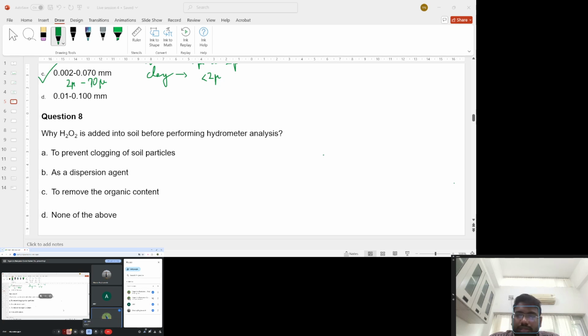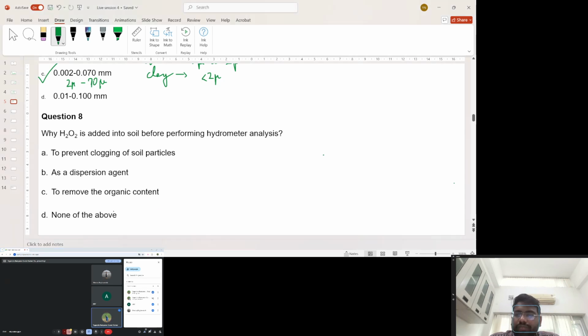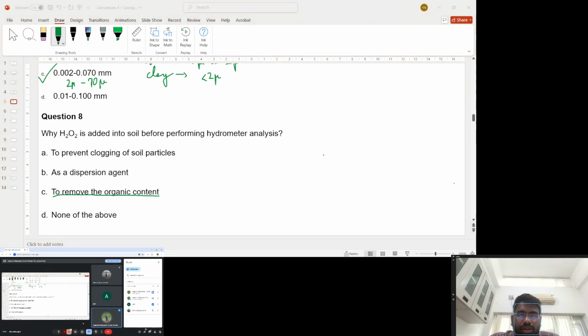So this H2O2, hydrogen peroxide, is usually used to remove organic content. Why is it used to remove organic content? What property of it is suitable?